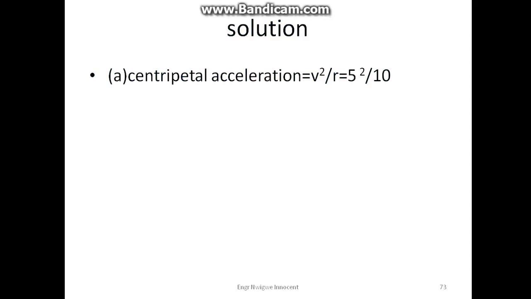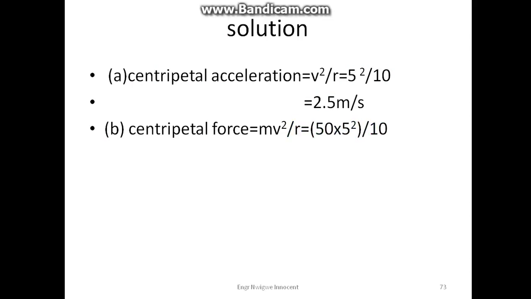A. Centripetal acceleration is equal to v squared over r, which is 5 squared over 10, which gives us 2.5 meters per second squared. B. Centripetal force is equal to mv squared over r, which is 50 times 5 squared over 10, which gives us 125 Newton.